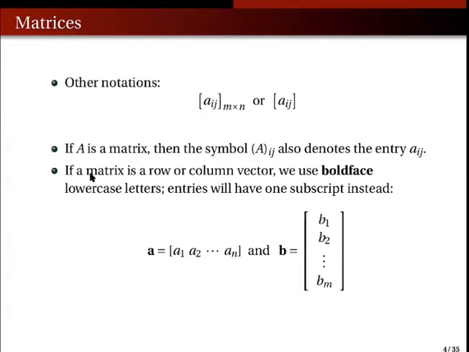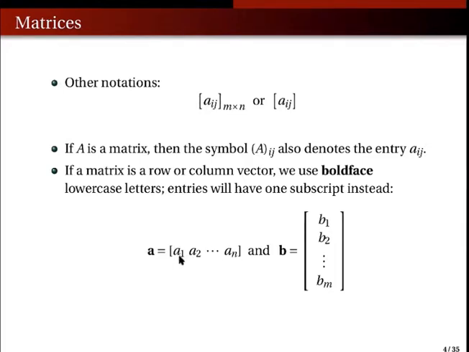Now, if a matrix is a row or column vector, we use boldface lowercase letters. The entries will have one subscript instead. So for example, these two here. Here you have a row vector. For a row vector, we use boldface a to denote this vector, and the entries are a1, a2, until an.